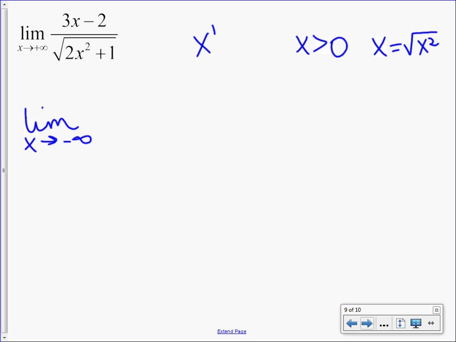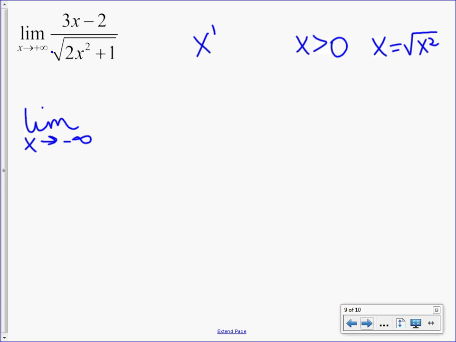Why in this problem did I pick that to talk about? We're going towards the positive side of our graph, right? So I'm only worried about when x is positive. Obviously, this is going to change if x is negative, isn't it?